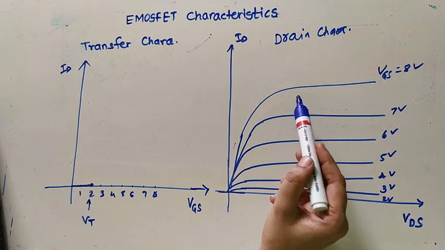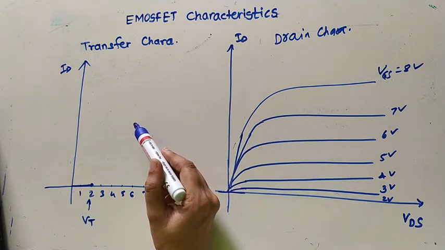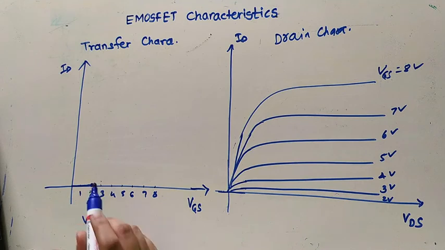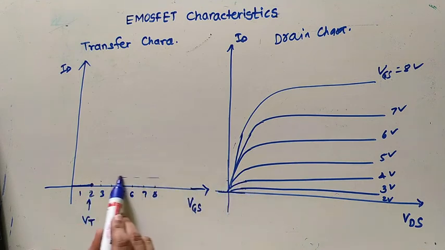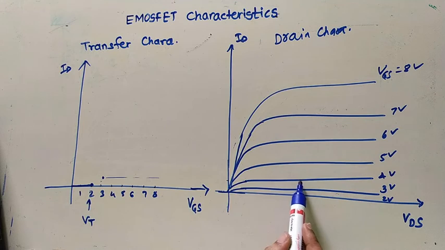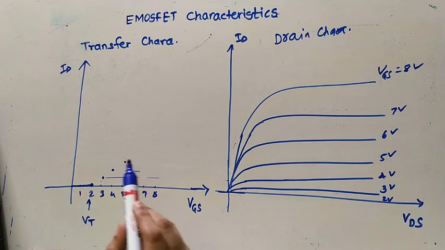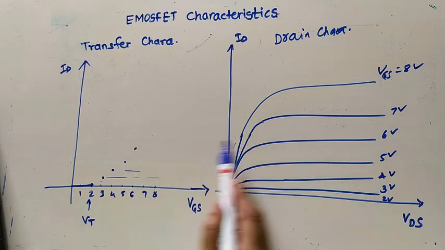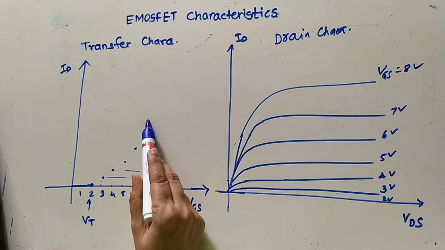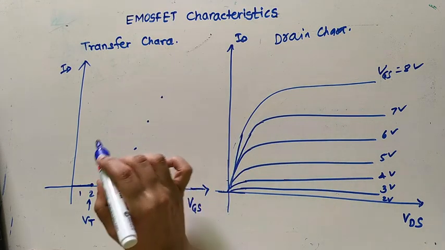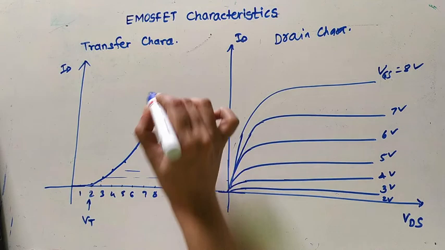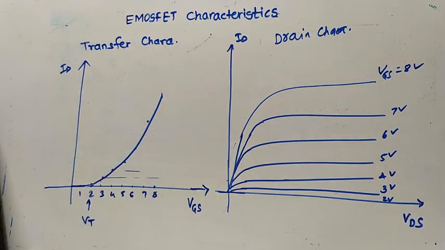With respect to this characteristics we can draw the transfer characteristics. At point 3 we have this much ID current, at point 4 we have this much current, at 5, likewise we can draw the characteristics. So this is the transfer characteristics of E-MOSFET, and this one is the drain characteristics of the E-MOSFET.